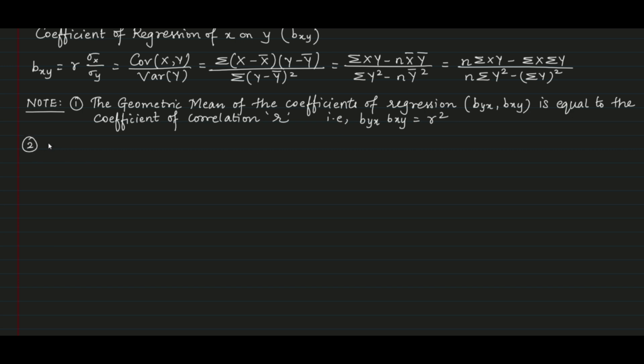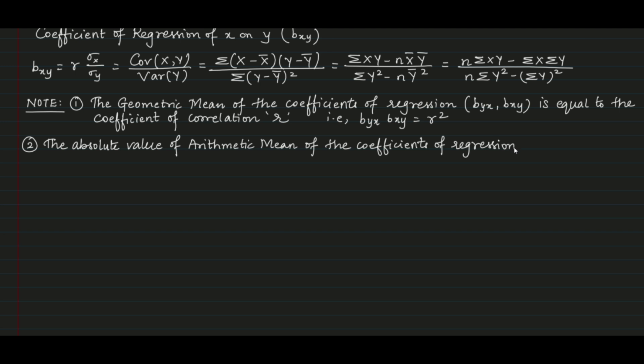Next, the absolute value of the arithmetic mean, I simply mean the mean or average of the coefficients of regression, is greater than or equal to the absolute value of the coefficient of correlation.